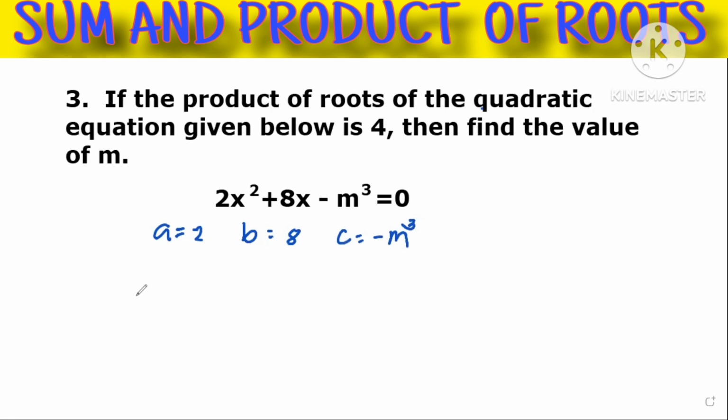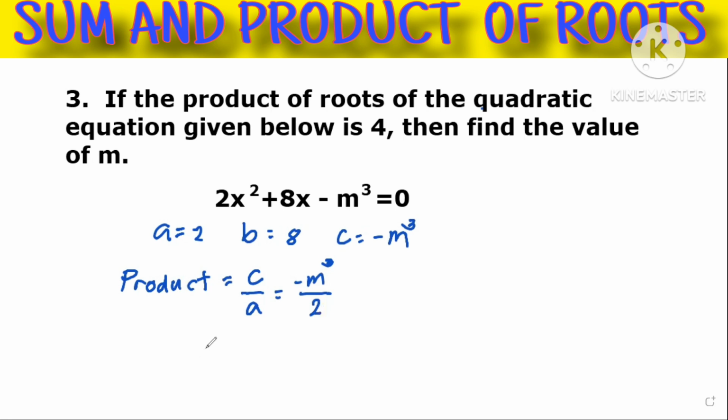Now, since the product of the roots is given, then using the formula for the product, we have C over A. So since C is equal to negative M cubed and A is equal to 2, then C over A is negative M cubed over 2.